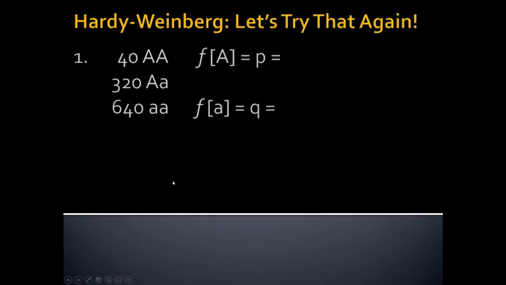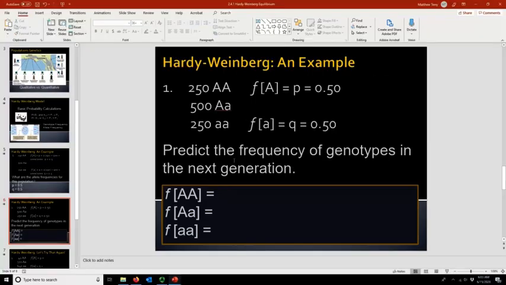Now, again, the language here, if you're not familiar with probability language, can be a little off-putting. But let's put it in simpler terms. If I make an individual, what are the chances that they get a big A from mom and a big A from dad? And so all we have to do is multiply the probabilities of the big A's in the population together.